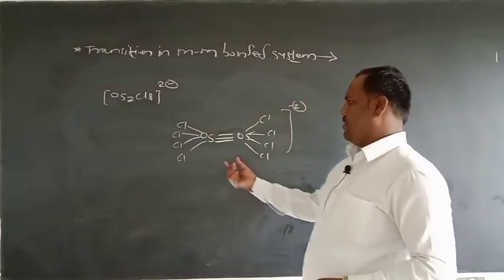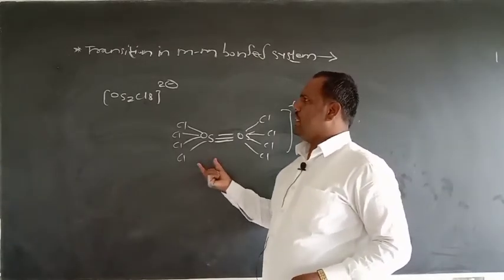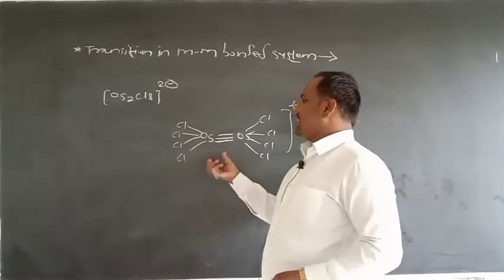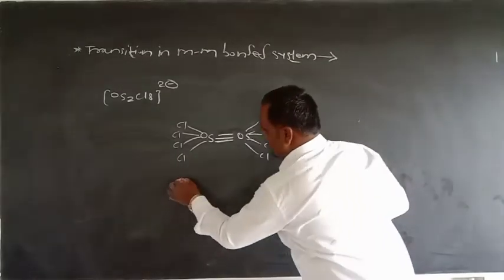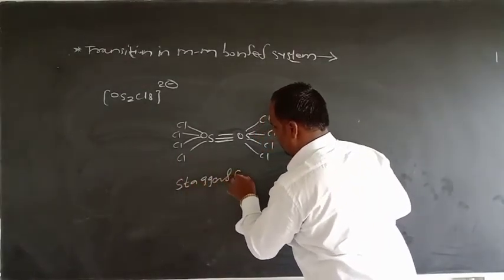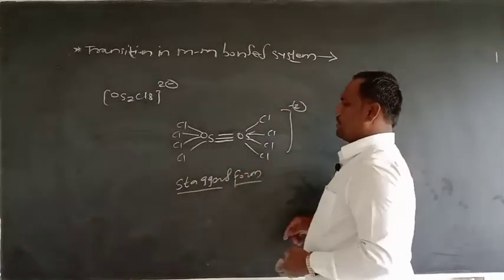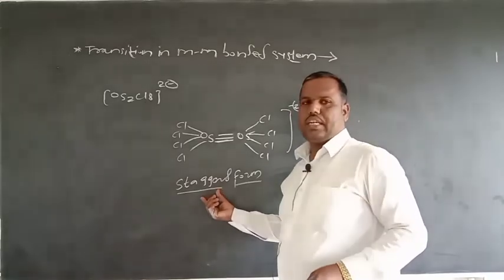So this is the structure. This Os2Cl8 is observed in staggered form. It is very important, you should keep in mind, that it is in staggered form, not in eclipsed form.